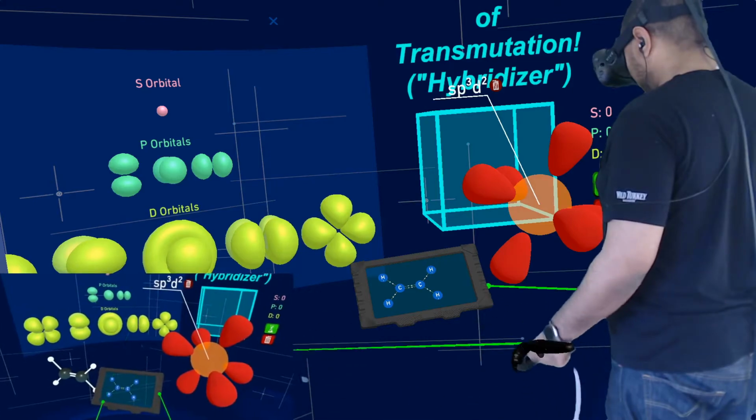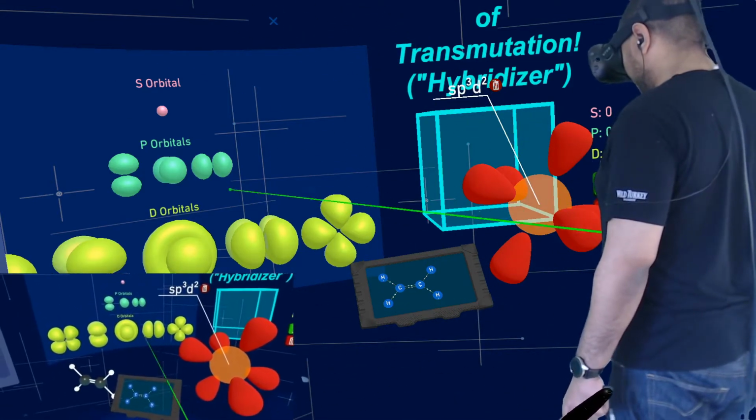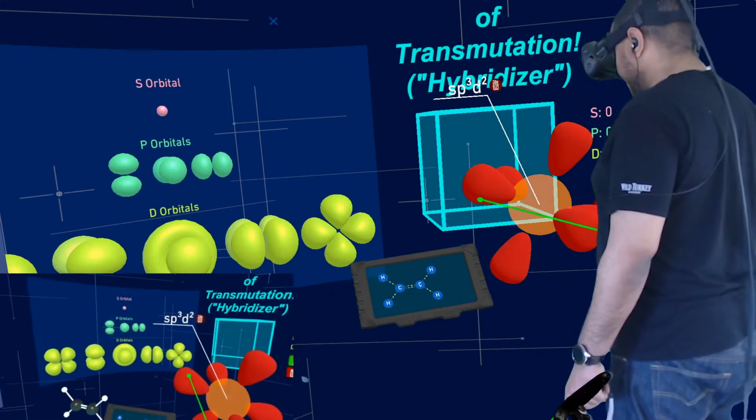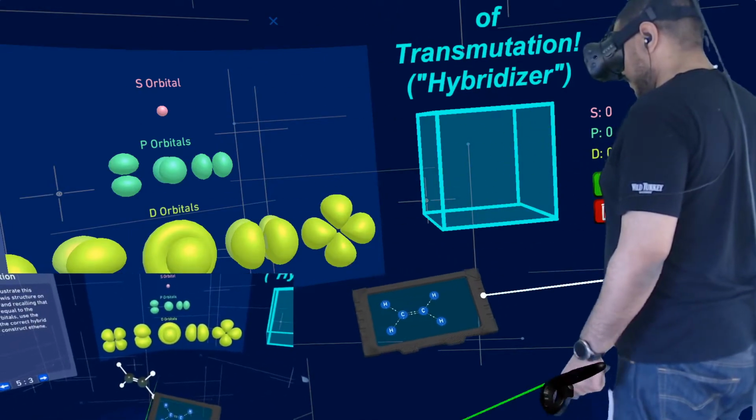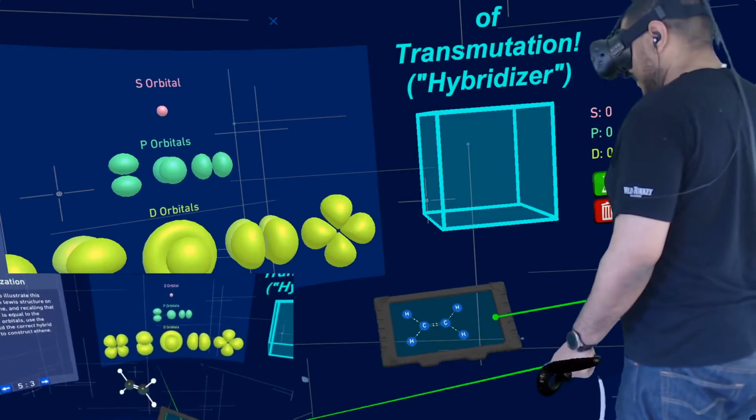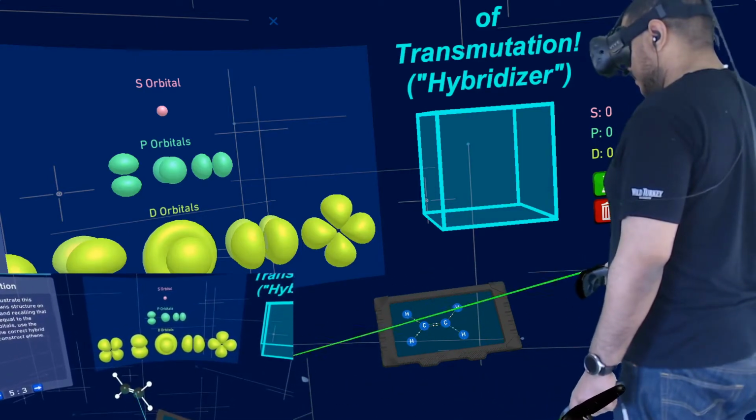Let's build ethene to illustrate this example. Given the Lewis structure on the tablet for ethene, and recalling that the steric number is equal to the number of hybrid orbitals, use the hybridizer to build the correct hybrid orbitals needed to construct ethene.